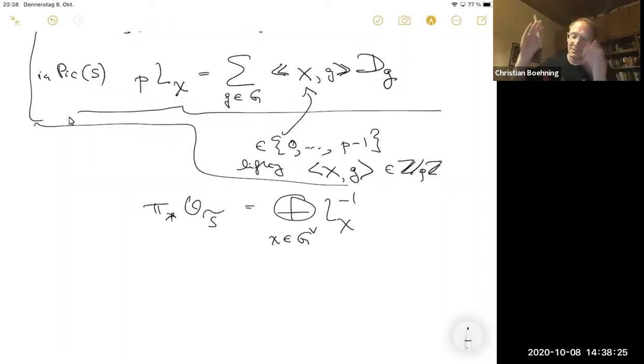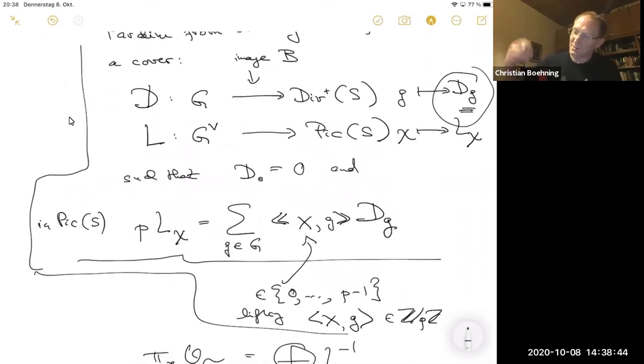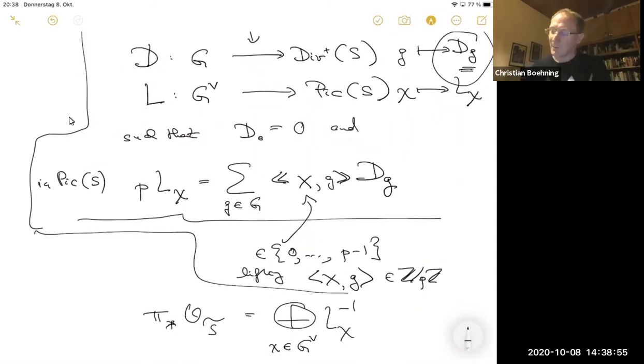So this has a faithful representation on the cotangent space, you could say, of the generic point of that component. And so it's cyclic, and it acts on that space via some character. So to each such component, you associate some cyclic subgroup of G together with a distinguished element, say the preimage of 1 in Z mod P under this character homomorphism.